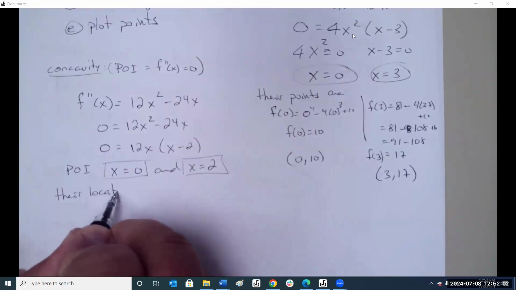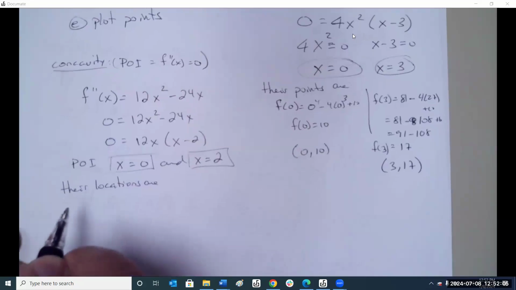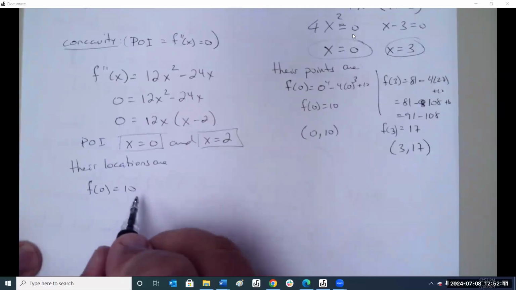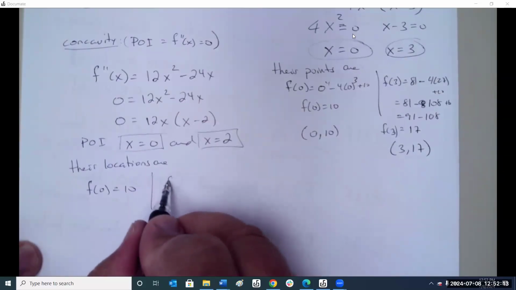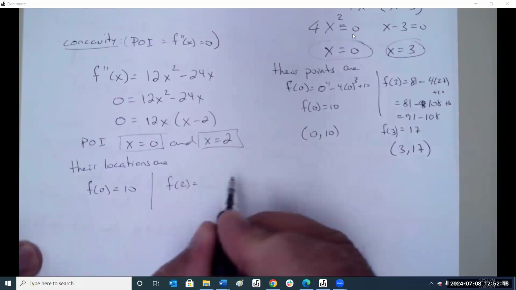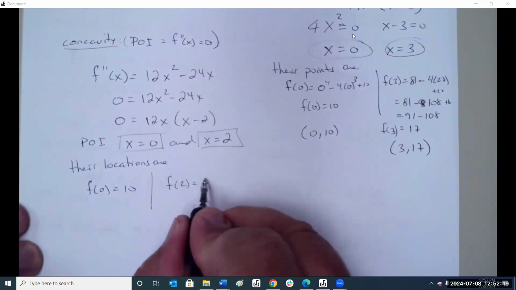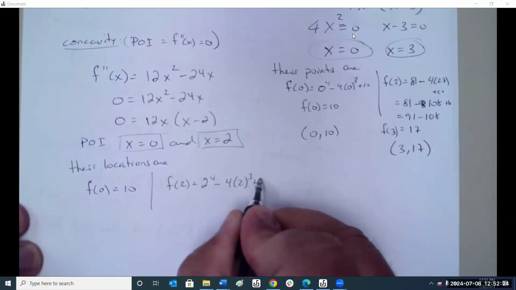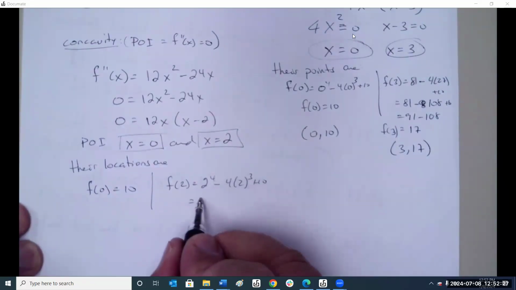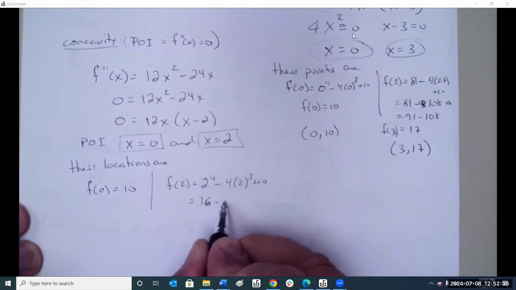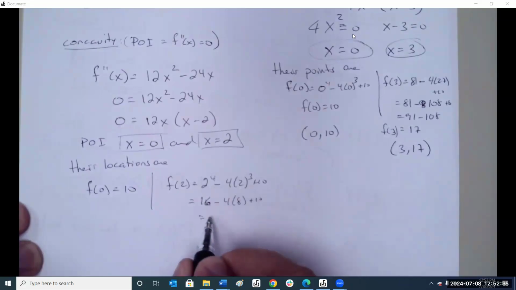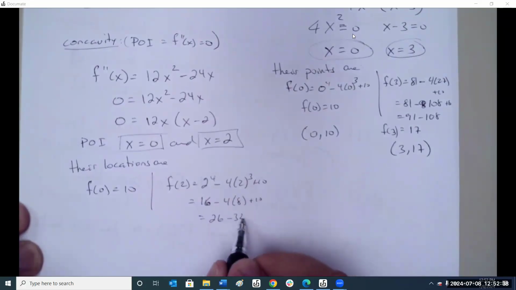Their locations are f at 0, which is 10, and f at 2, which is 2 to the 4th minus 4 times 2 to the 3rd plus 10. 16 minus 4 times 8, 16 minus 32 is negative 16, plus 10 is negative 6.